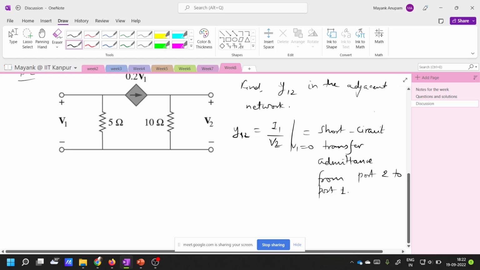So do you understand the meaning of this statement? Short circuit transfer admittance from port 2 to port 1.